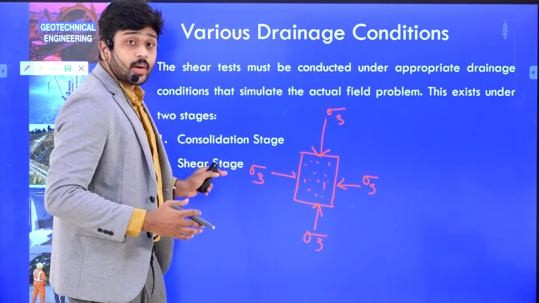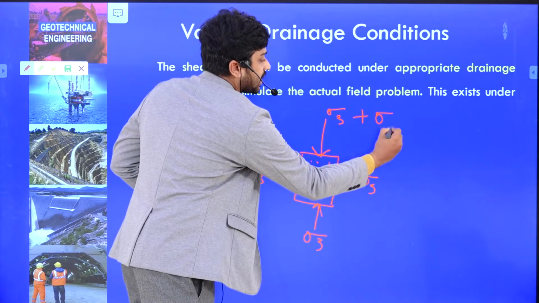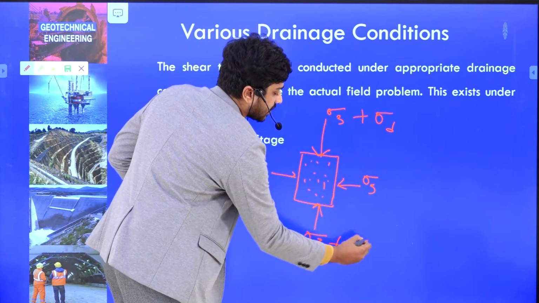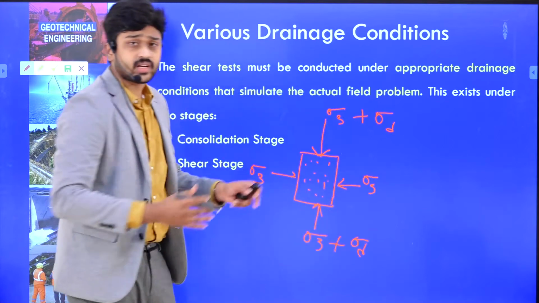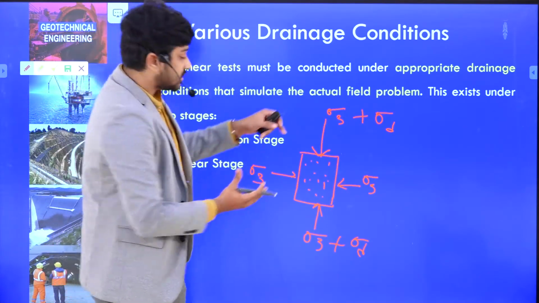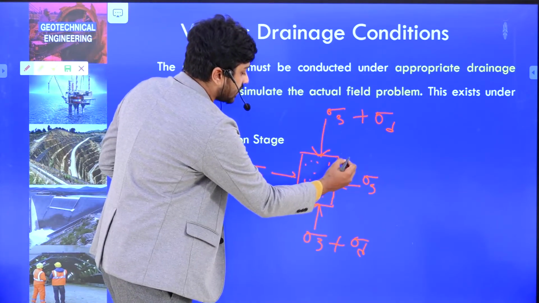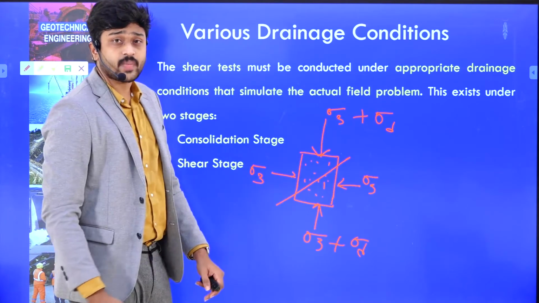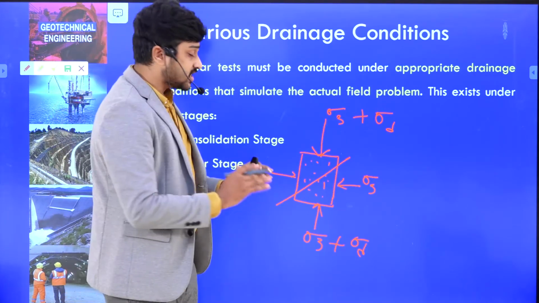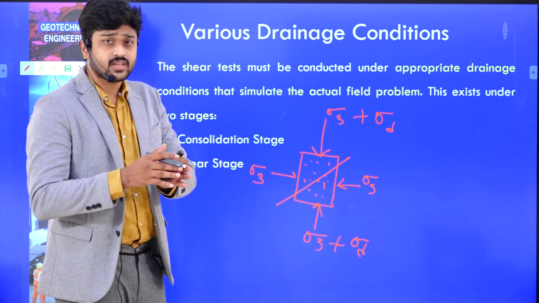Now coming to the shear stage, due to some additional stress, say sigma d, I am applying it axially, only in one particular direction. Because of this additional stress, the soil will try to fail after a certain point of time, say the failure is in this manner. Clear? So this is what happens after the consolidation stage: we proceed with the shear stage.